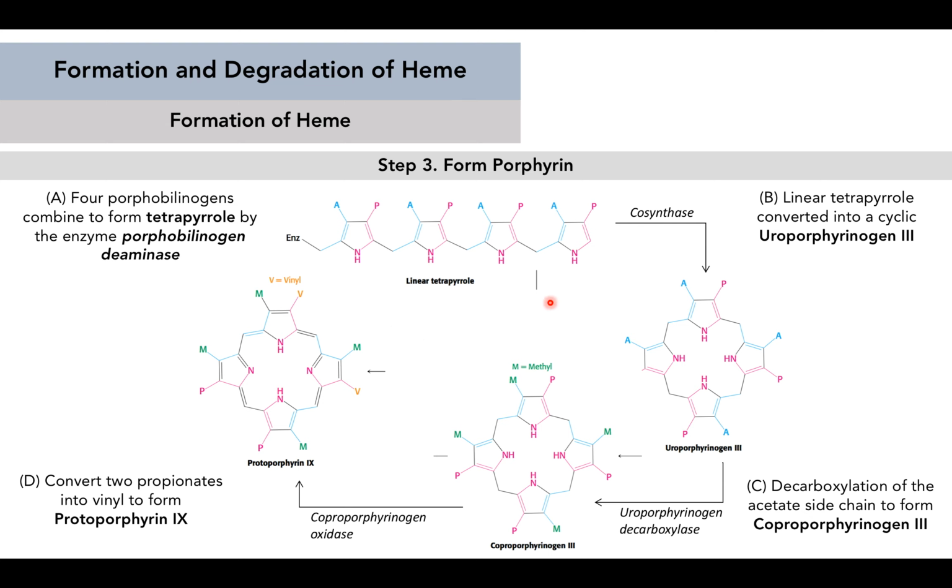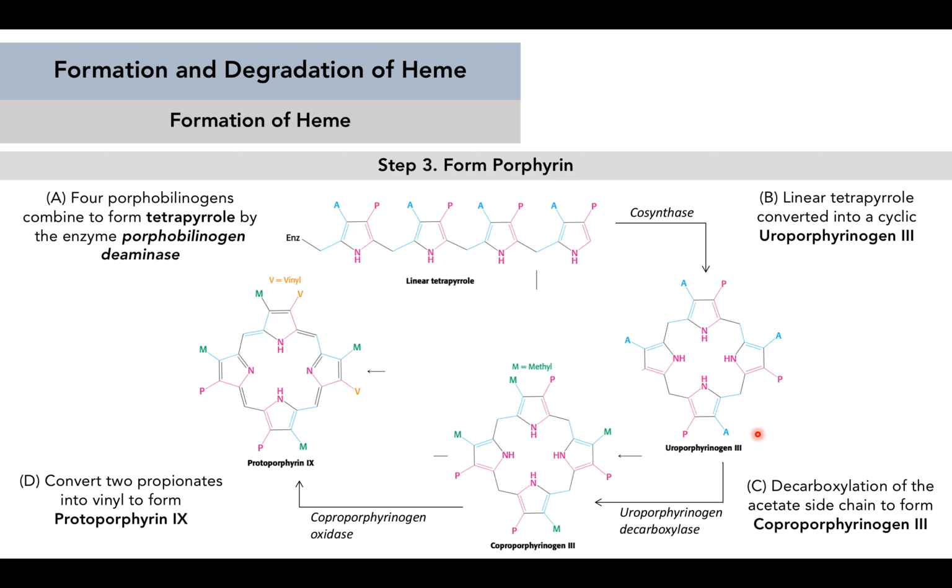We don't want a linear molecule. We need to make it a cyclic molecule, a round molecule. So there are more processes to come to make the porphyrin. We're not done yet. The first thing is we need to convert this linear form into uroporphyrinogen 3. Once this is done, it's cyclic, but it's not finished yet. We then decarboxylate.